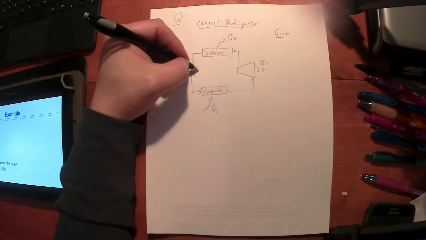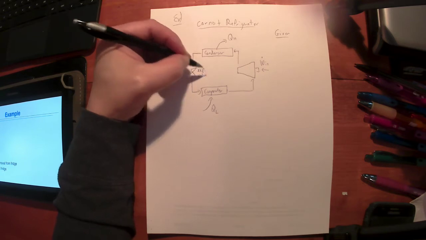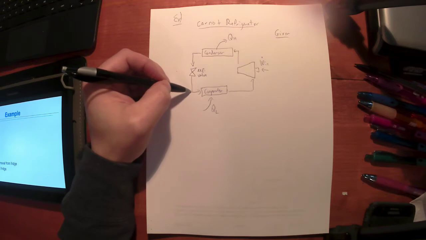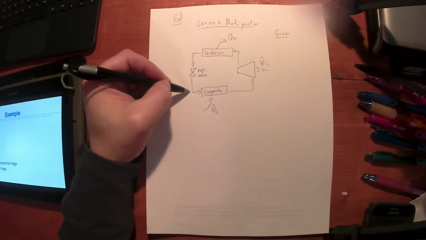But what we can do is just put an expansion valve in here. What that does is drop the pressure, so I've got high pressure here, low pressure there. And once the pressure drops, the temperature will also drop.